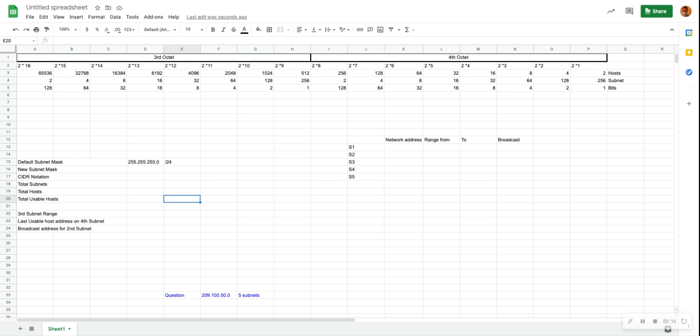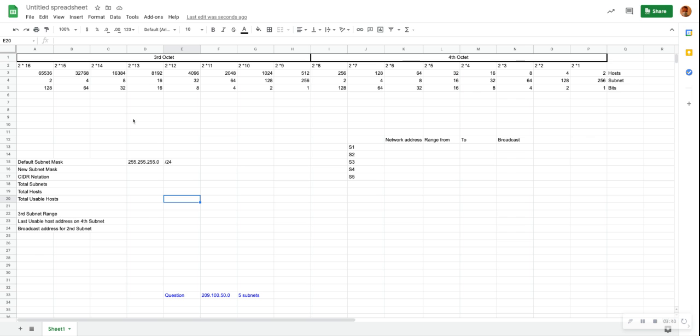Essentially, what we need to understand is that host bits run from right to left. So the amount of hosts is increasing from right to left as we go through an IP address, and subnets, or network addresses, are working from left to right.